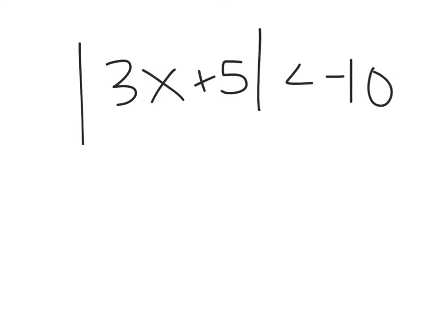Your silence is correct. There's no number, no positive number is less than negative 10. That doesn't make any sense. Positive numbers aren't less than negative numbers, right? Negative numbers are less than positive numbers. You can't have positive less than negative. So that means this is no solution.